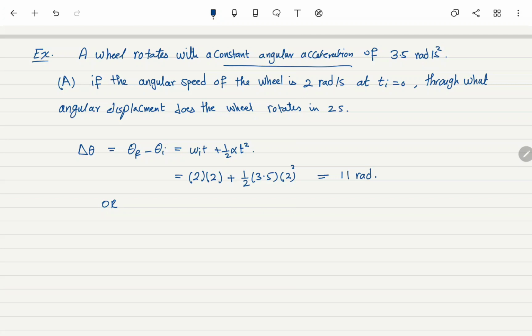Or delta theta equals 11 rad times 57.3 degrees per rad, which equals 630 degrees.